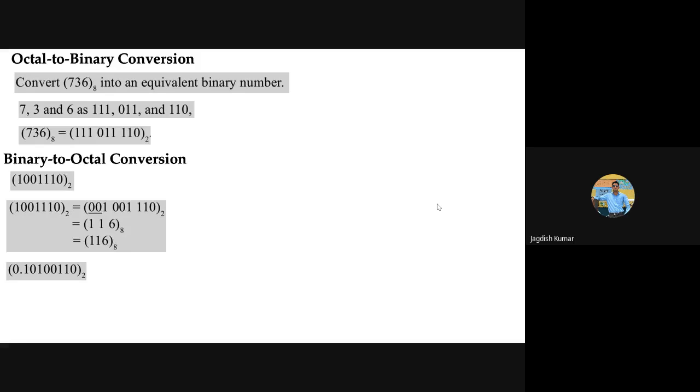Yes, one triplet, second triplet, third triplet. Yeah, correct. So this is 0.514.